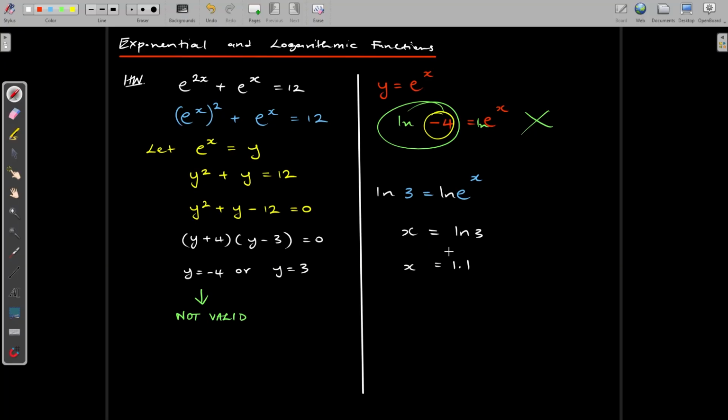Now this brings us into the starting topic for today's session: hidden quadratics.